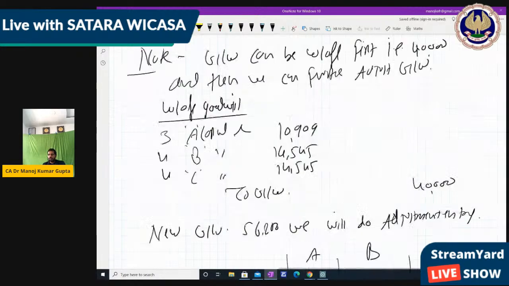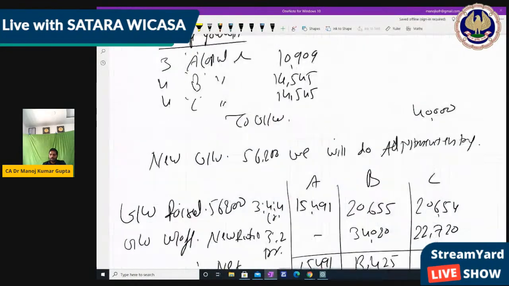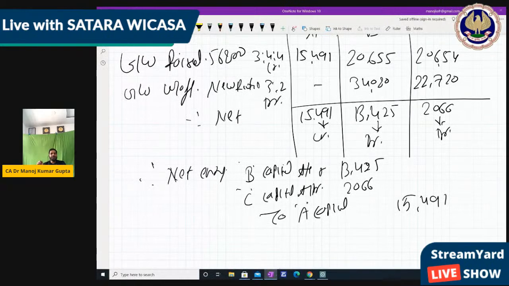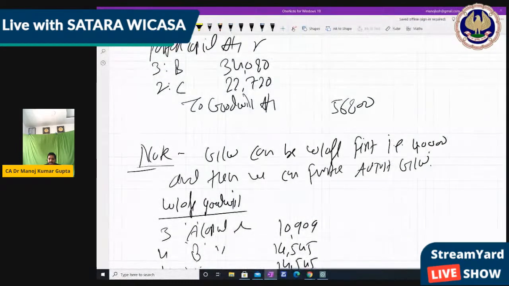Means if we do it this way, first we write off the goodwill by 344, then we raise and write off the entire goodwill 56,800, because 40,000 we have already written off. So in this case our entry will be this, and because of that, definitely the answer will differ, right? So we can do this treatment also, as we mentioned in the note.